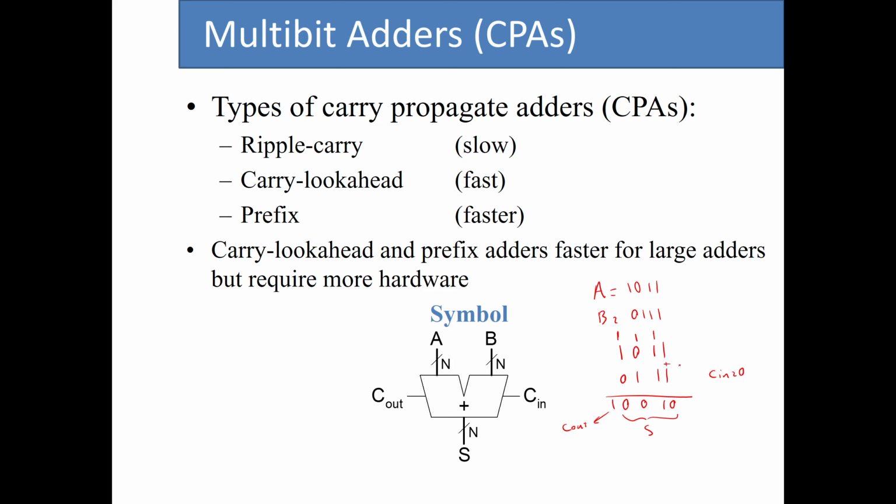So if you look closely at the way that we calculated this summation, we started from the least significant bit, we added the 2, we created a new carry, and then we considered that for the next stage, and we repeated this process. For the first one, what we had was only 2 bits that needed to be added together, and that is what we can do using a half adder.